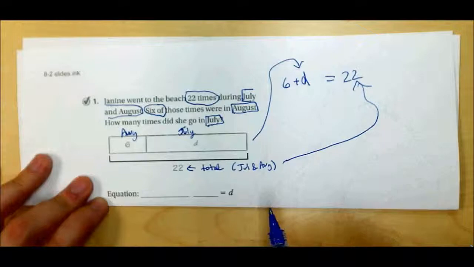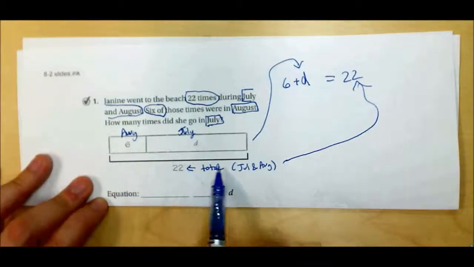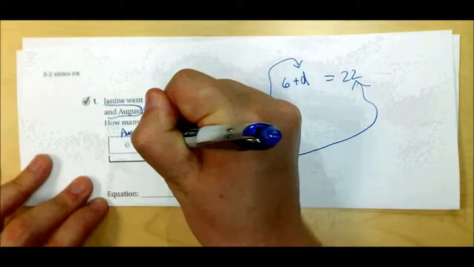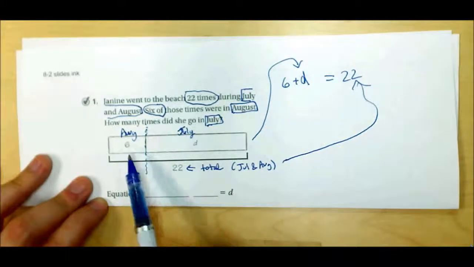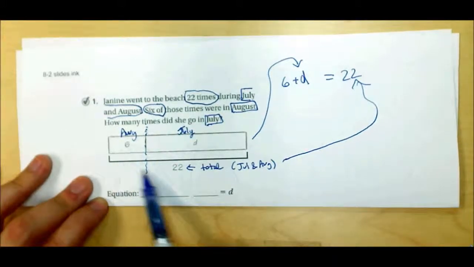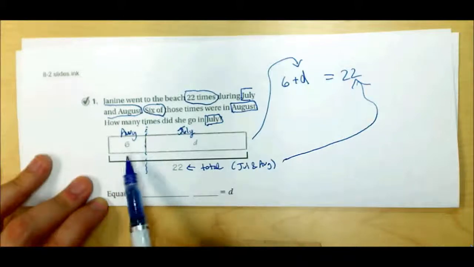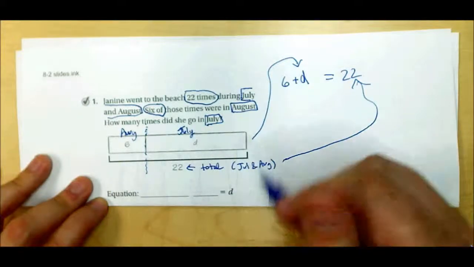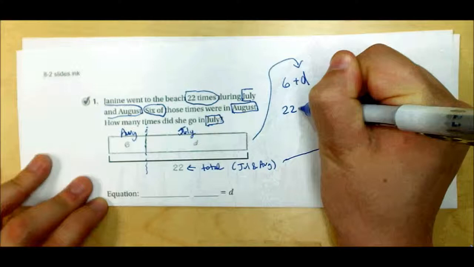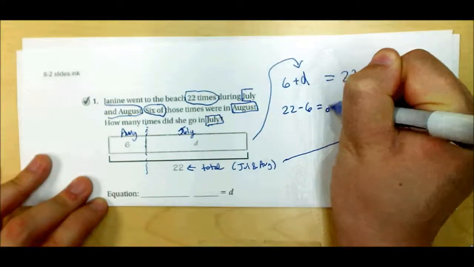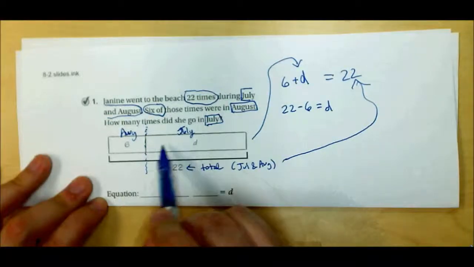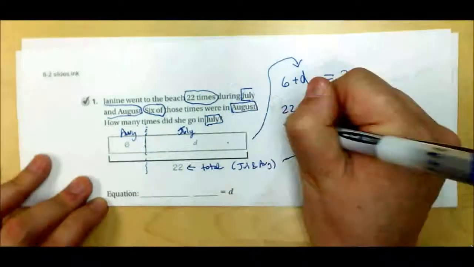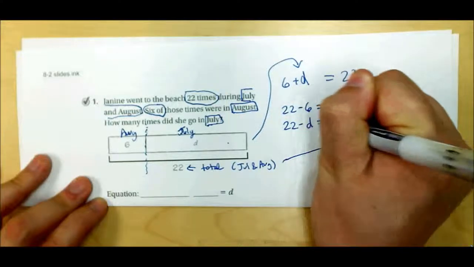So that's one equation. Another way I can look at it is, if I were to take 22 and I was going to subtract 6 from that, I would be left with D. So if I took 22 and I took away 6, I would be left with D. Likewise, if I started with 22 and I took away D, I would be left with 6. 22 minus D equals 6.